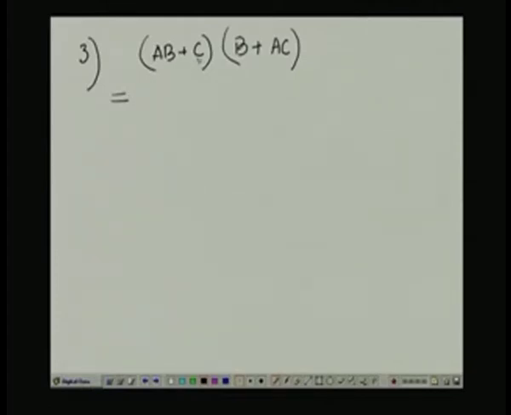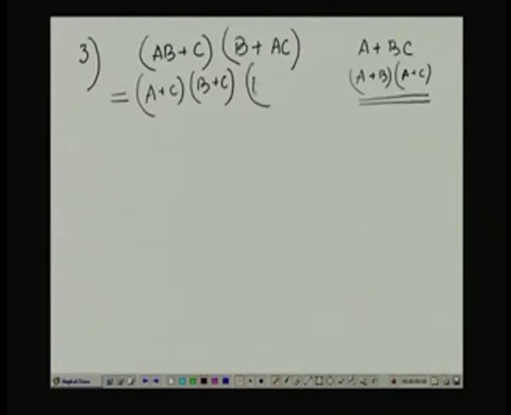We remember that A + BC, if we apply the distributive law, becomes (A + B)·(A + C). Now, if I apply this theorem here, I will be getting (A + C)(B + C). Similarly, the second term becomes two product terms, (B + A) and (B + C).